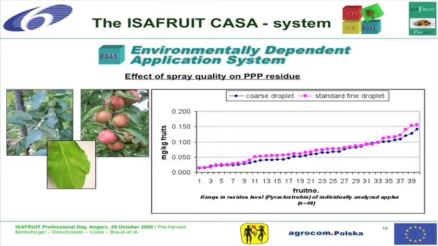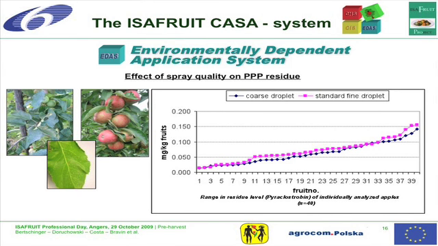With regard to the pesticide residues, in that case, these are just number of fruits, 40 fruits, and you see the variability of the deposit if you use a coarse droplet or a standard fine droplet. You seem to see here a trend that the fine droplets have a little bit higher residue, but in fact this is not very significant.